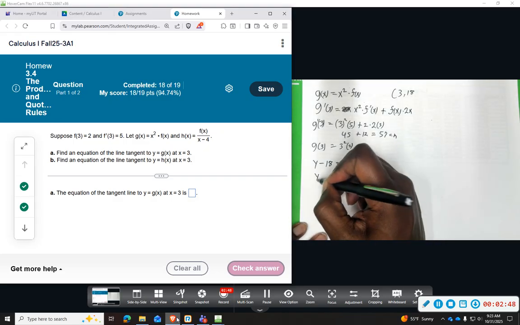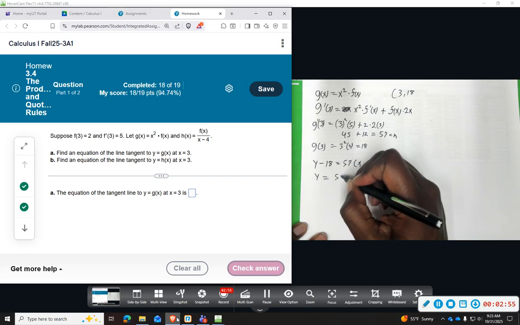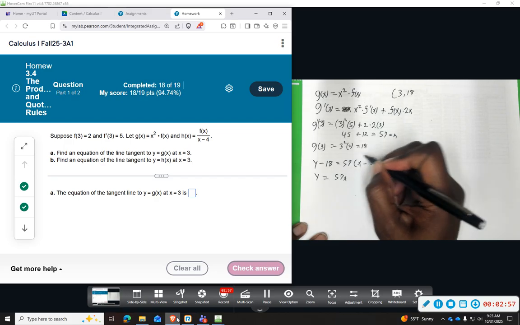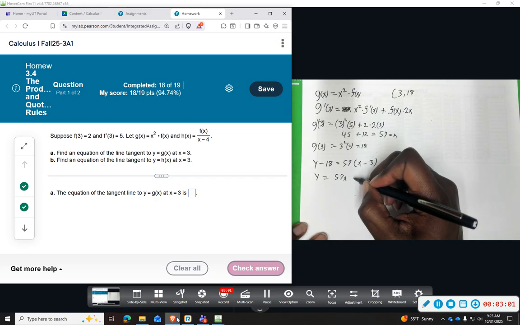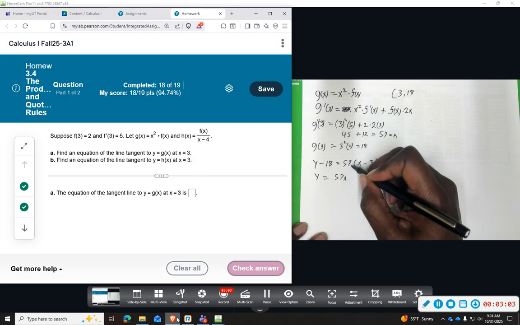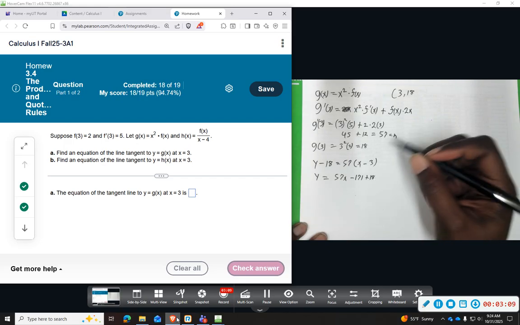And then we'll get y equals 57x. And then 57 times negative 3 is negative 171. And then you'll add the 18 to that.